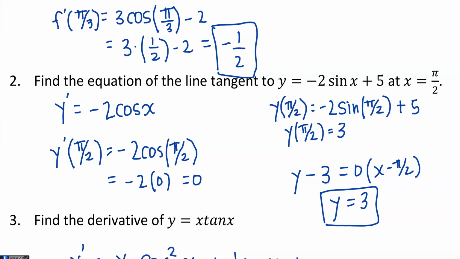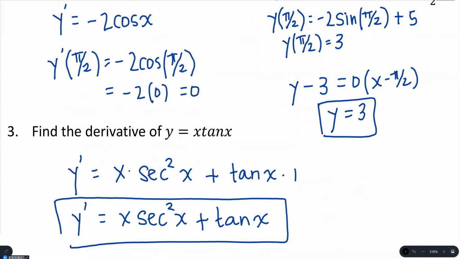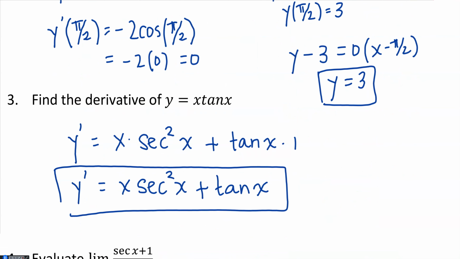You feel okay? All right, the next one, what rule am I going to have to use for finding the derivative here of x times tangent of x? Product rule. I am multiplying 2 functions together, right? My first function is x. My second function is tangent of x.